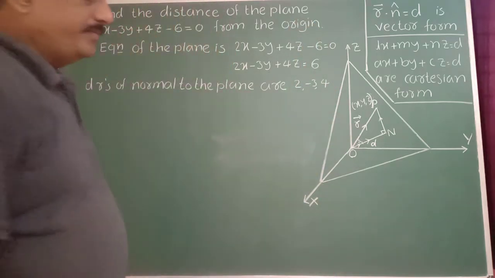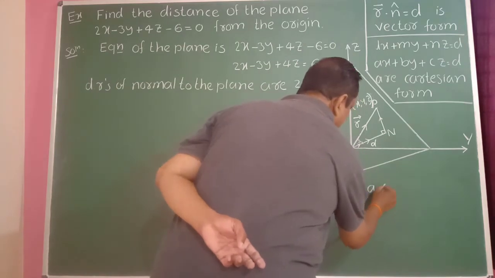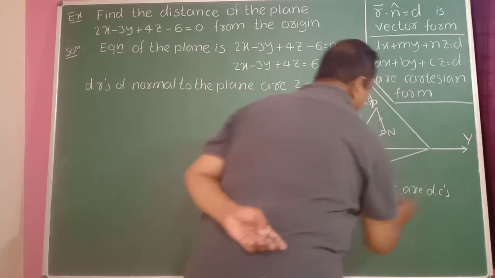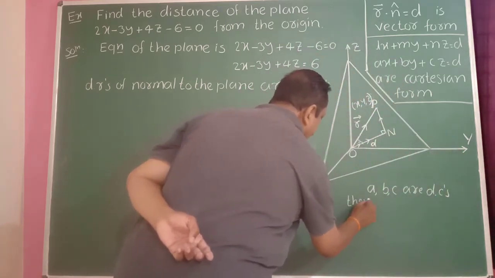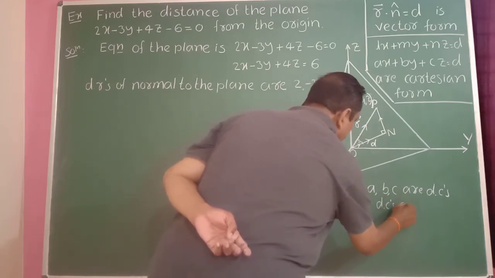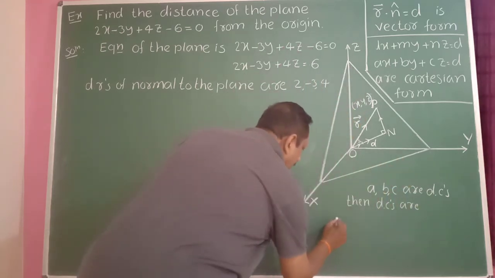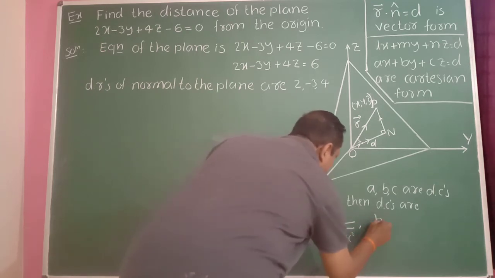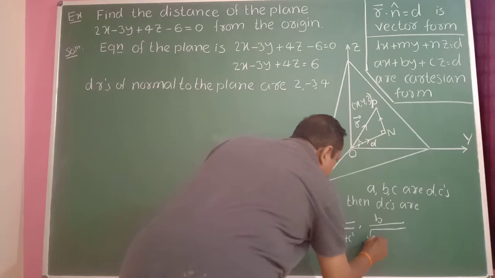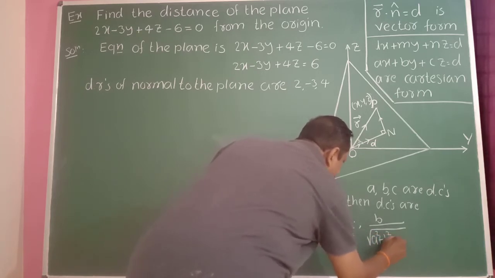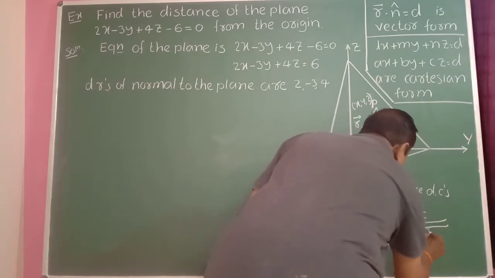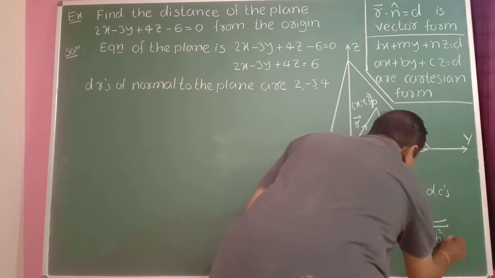You know that, suppose a, b, c are the direction ratios. Then the direction cosines are given by a divided by root of a square plus b square plus c square, b divided by root of a square plus b square plus c square, and c divided by root of a square plus b square plus c square.